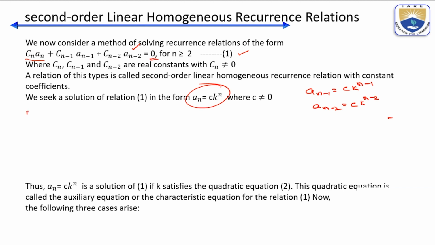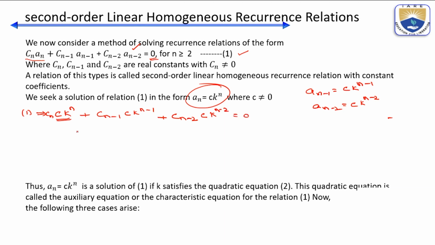So equation 1 will become Cn times c k to the power of n, where an is replaced, plus Cn minus 1 times c k to the power of n minus 1, where an minus 1 is replaced, plus Cn minus 2 times c k to the power of n minus 2, where an minus 2 is replaced, equals to 0.